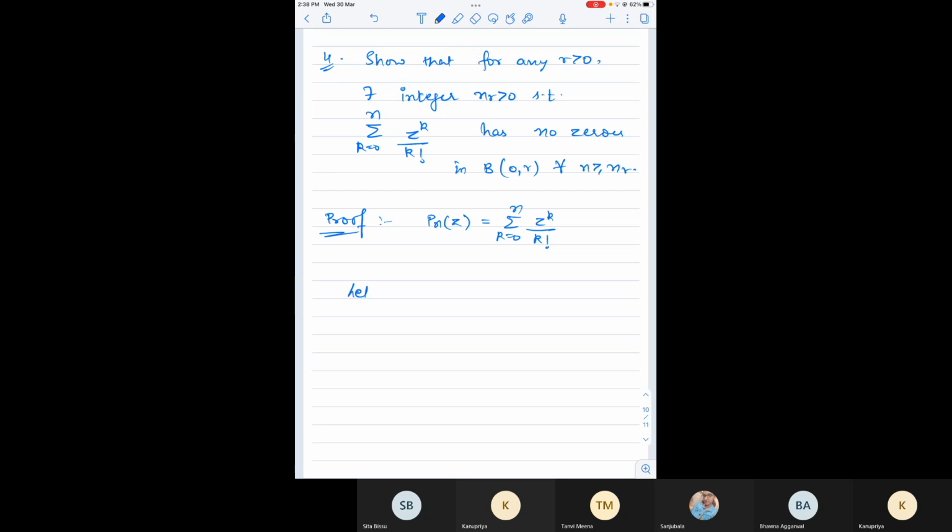We define this function f(z) as p_n(z) upon e raised to power z, and g(z) to be equal to 1. We can do that, right? Now, whose growth is faster, polynomial or exponential? Exponential. So from this result, we can choose n large enough so that mod of f(z) minus 1 is less than 1 for some ball of radius r. Now you can apply Rouché's theorem.